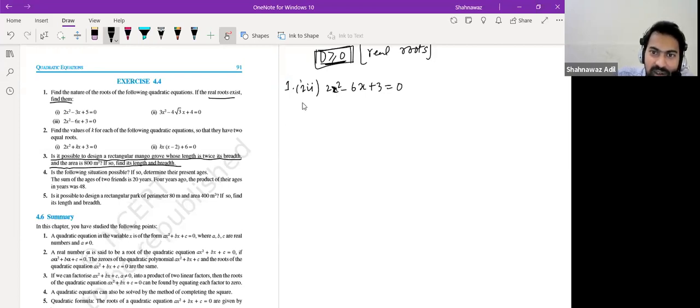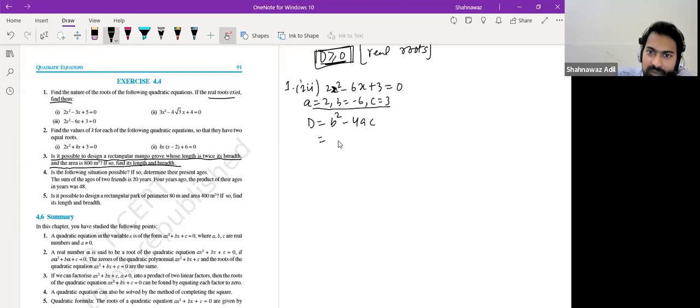Tala, what is A? A is 2, B is -6, C is 3. Then D is equal to B square minus 4AC. So this would be how much?